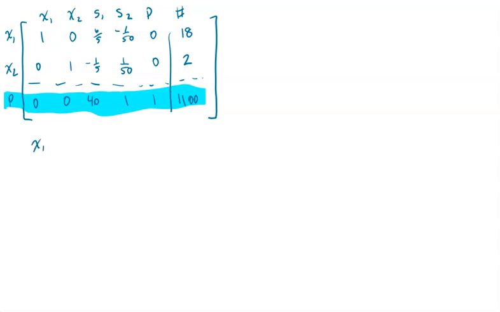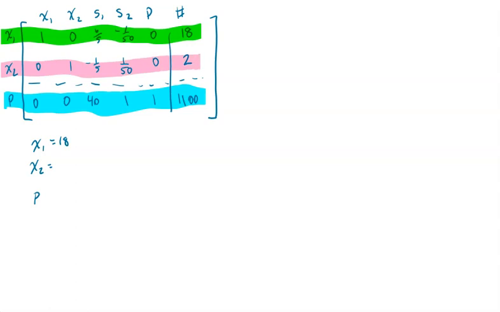We just need to say our answer now. We're looking for 3 things: x1, x2, and p. x1 is 18. x2 is 2.